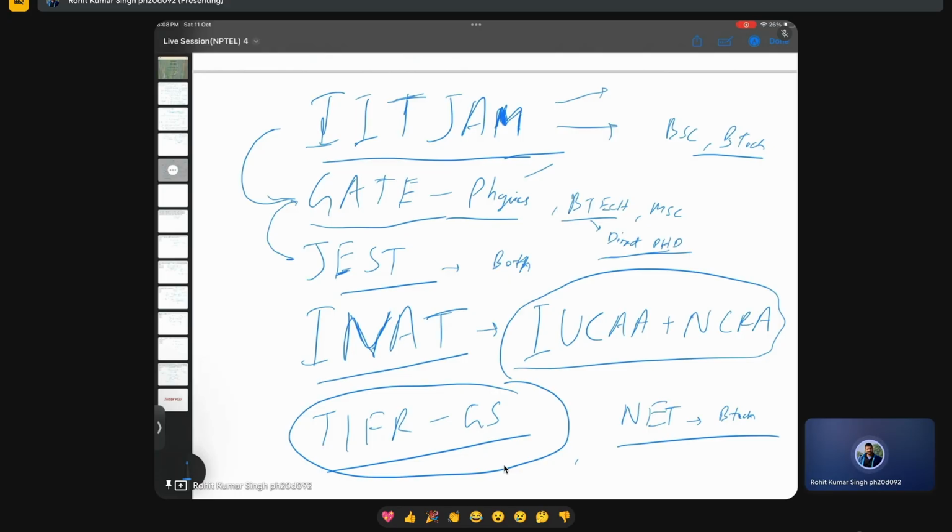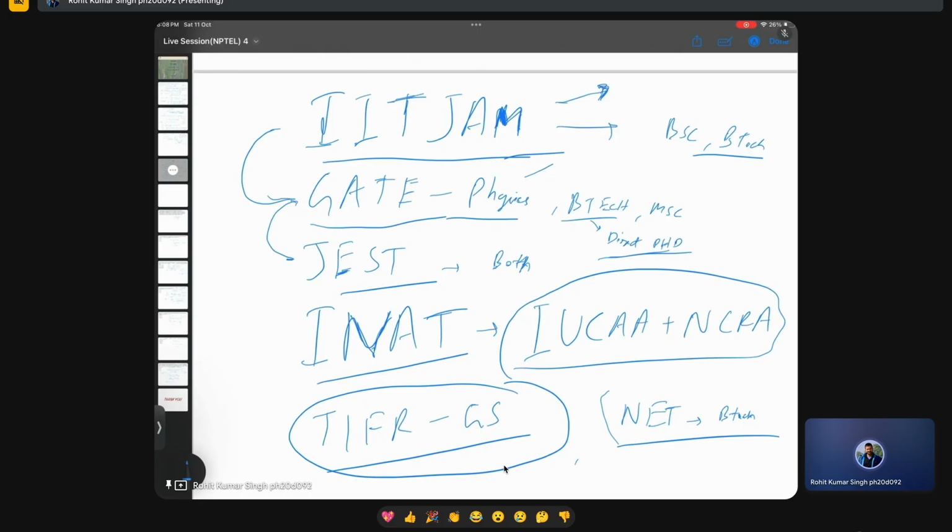I qualified all of them. I had a good rank in NET JRF, not so good in GATE and JEST. But in NET JRF, I got a pretty good rank. So then I took admission here at IIT Madras in the PhD program. So that's how my journey was.